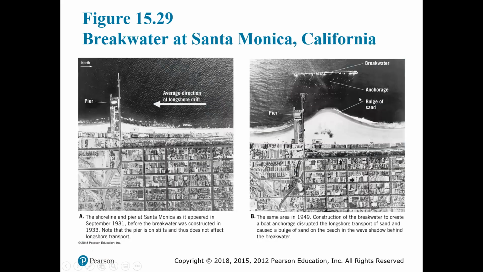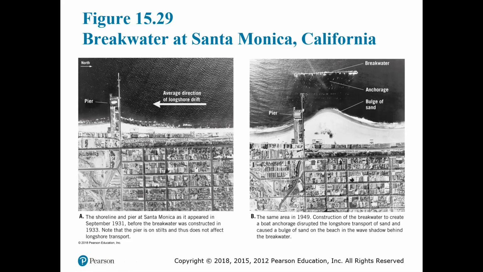Another type of hard stabilization is a breakwater. This is built parallel to the shoreline. So we can see in this second picture here our breakwater. Typically used to protect boats from the force of breaking waves. And so you kind of get this quiet water zone here.